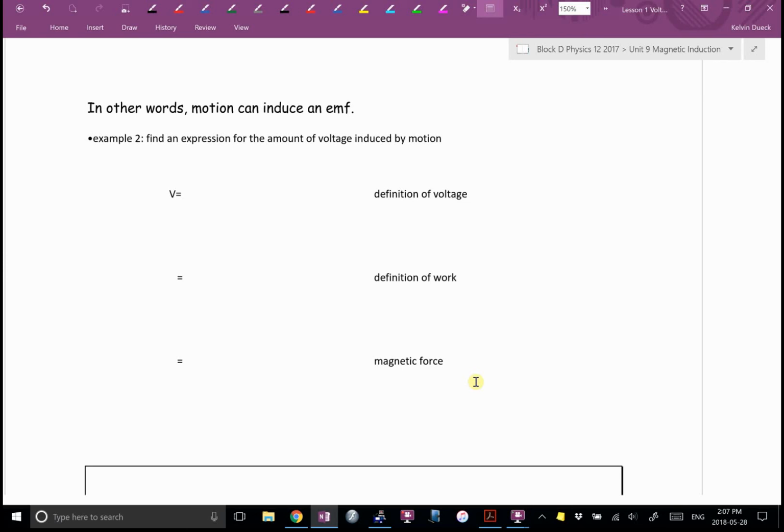The amount of potential energy per coulomb. Now, instead of potential energy, I'm going to think of that potential energy in terms of work done.